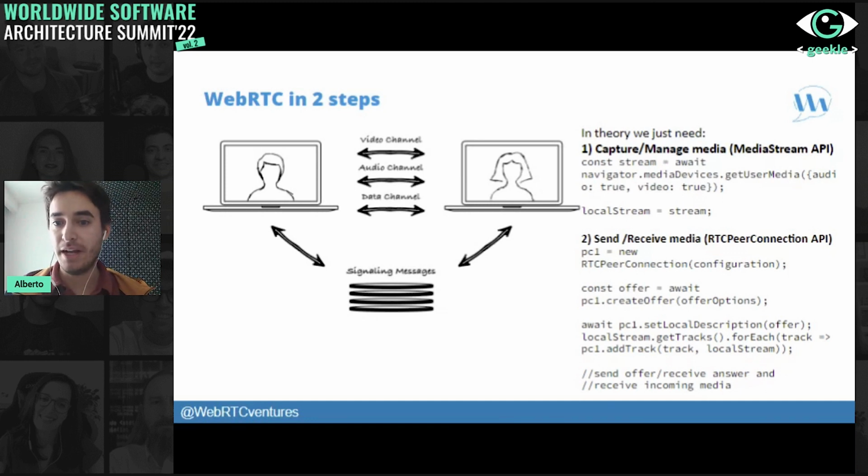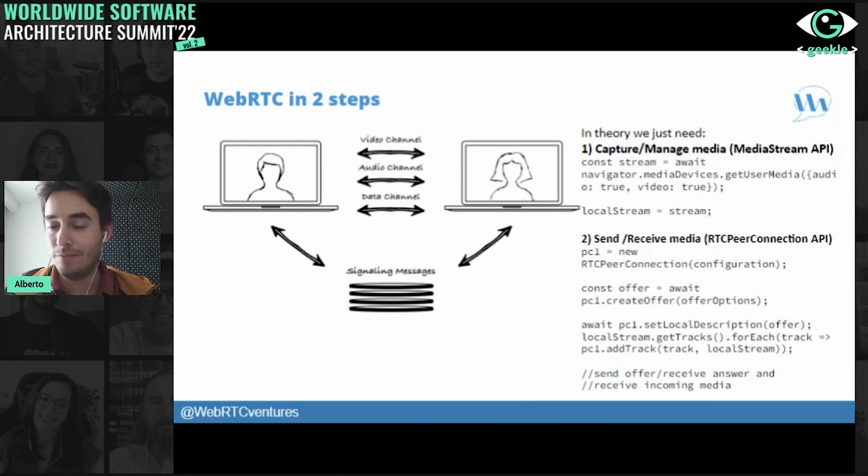WebRTC actually doesn't define this piece. What WebRTC defines is the video and audio communication. The main APIs used are the Media Stream API and the RTCPeerConnection API that I'm showing here at the right.